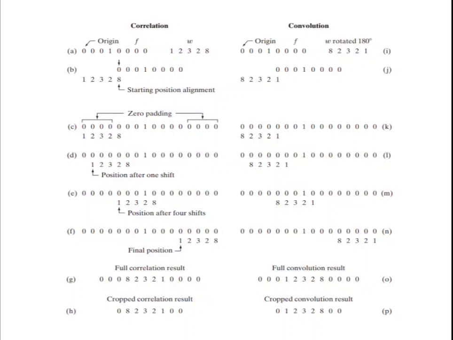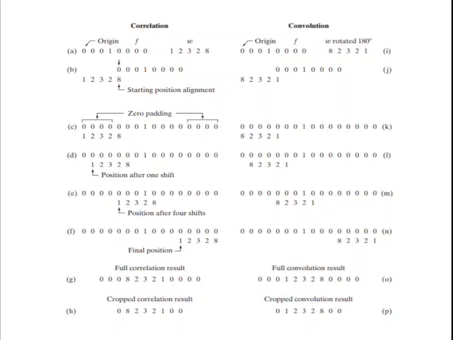The second thing to notice is that correlating a filter w with a function that contains all zeros and a single one yields a result that is a copy of w but rotated by 180 degrees. We call a function that contains a single one with the rest being zeros a discrete unit impulse. So we conclude that correlation of a function with a discrete unit impulse is a rotated version of the function at the location of the impulse.